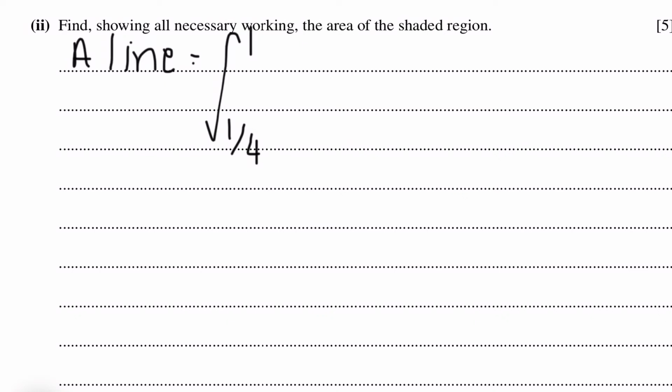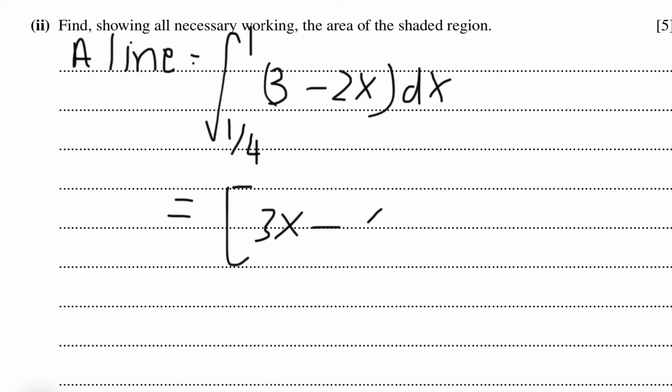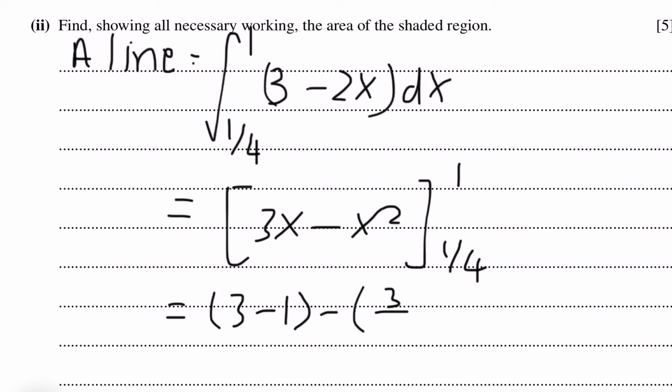So the integral of 3 minus 2x dx is equal to 3x minus x squared, from 1 over 4 to 1. So your value will be 3 minus 1 minus 3 over 4 minus 1 over 16, which will give you 1.3125 units square.